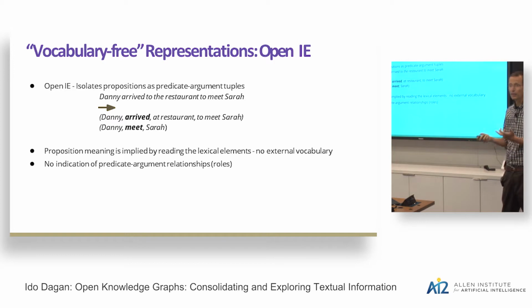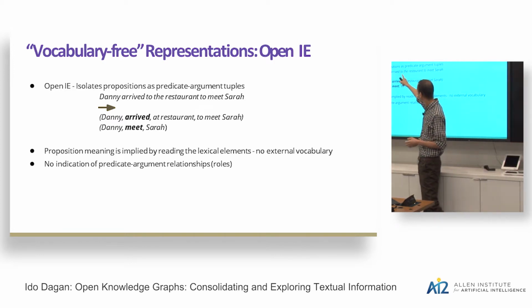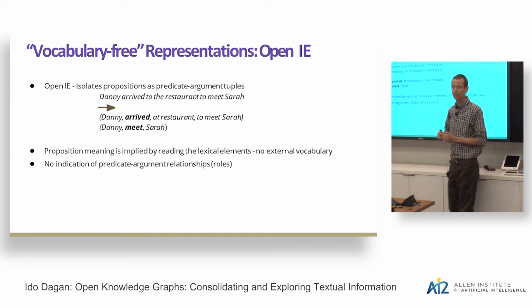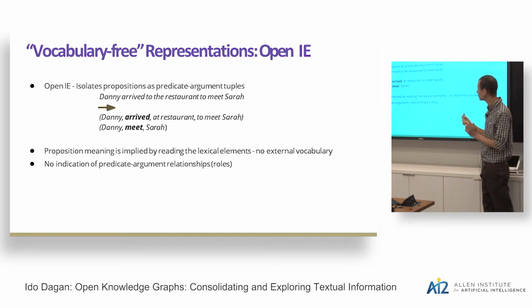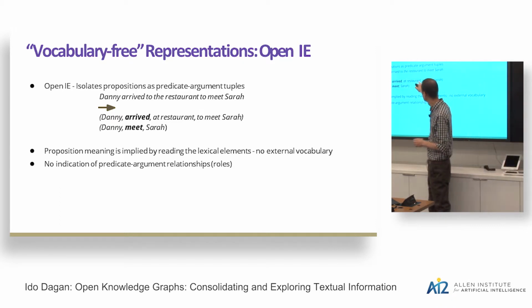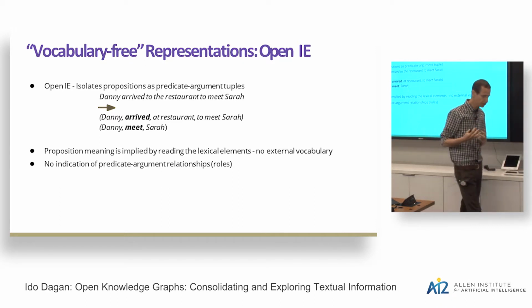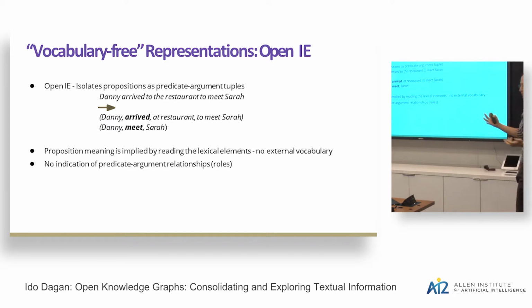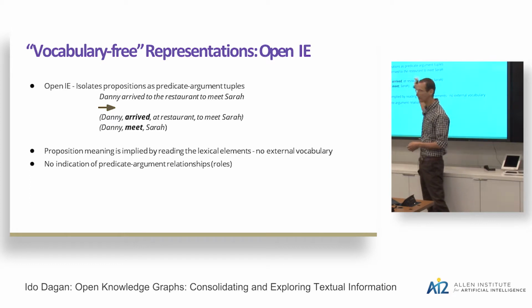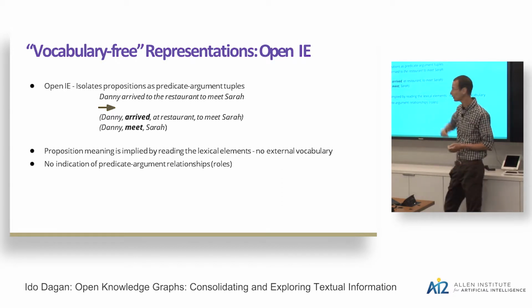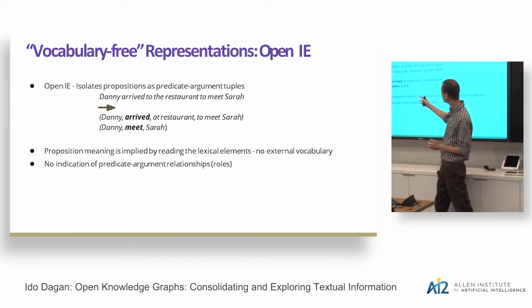One is OpenIE that Oren started, right, where you take a sentence and extract the core propositions in these statements, usually around each predicate. So we see two propositions. And the philosophy here is that there are no roles, there's no vocabulary, just some concatenation of natural language elements. The only distinction is that one of them is designated as a predicate and the rest are arguments.